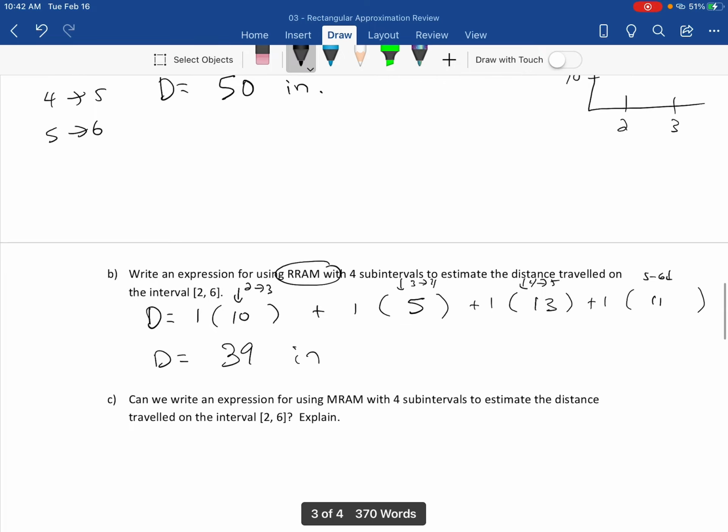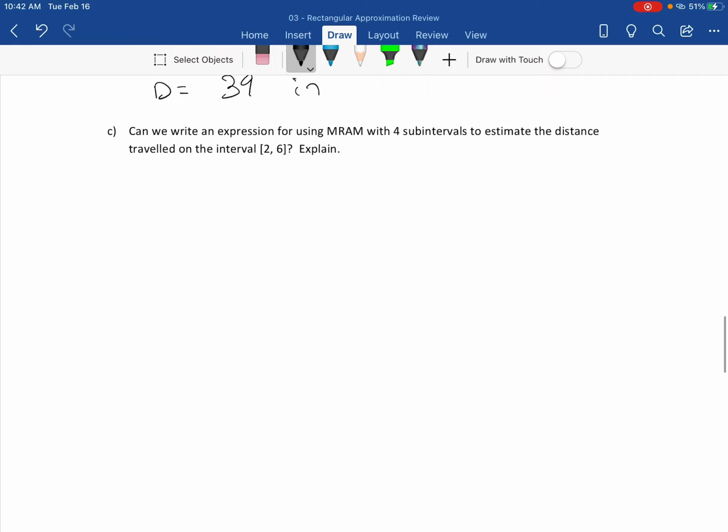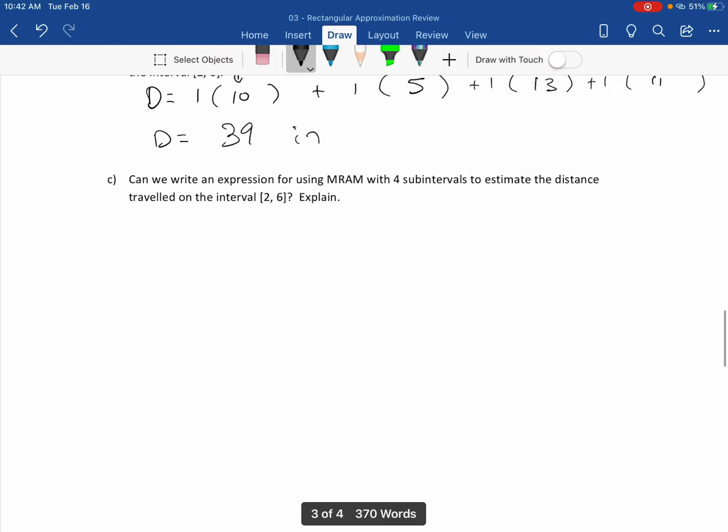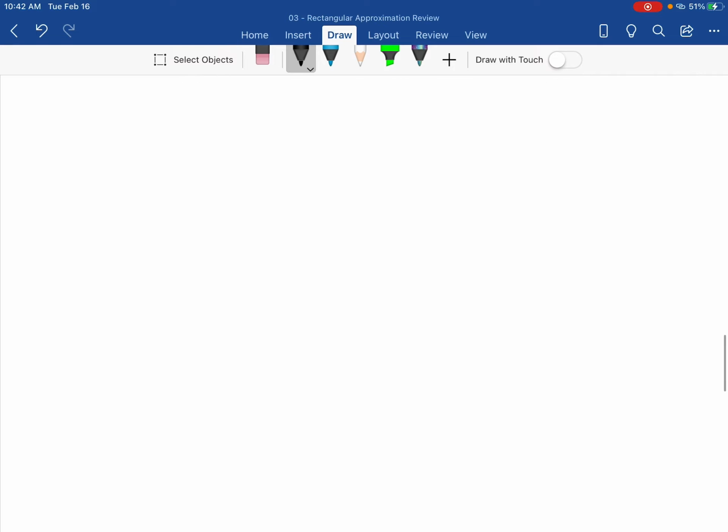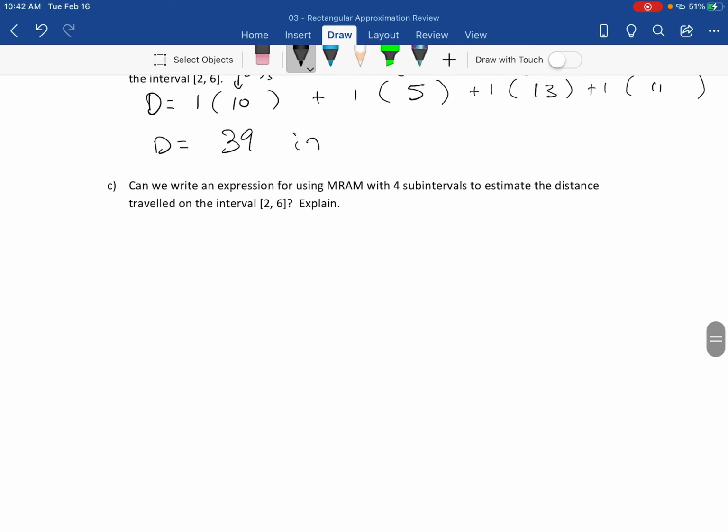And the last question for this one is, can we write an expression for MRAM using 4 subintervals? And yeah, we could. Here's how we could do it. We get the original table, time and velocity. And instead of all those time intervals, to use MRAM, I'm going to put time intervals in between.